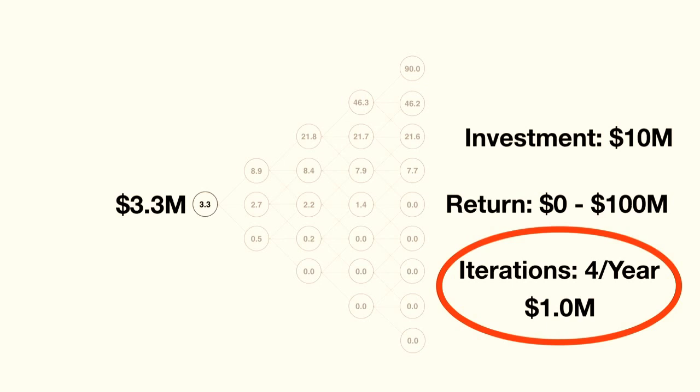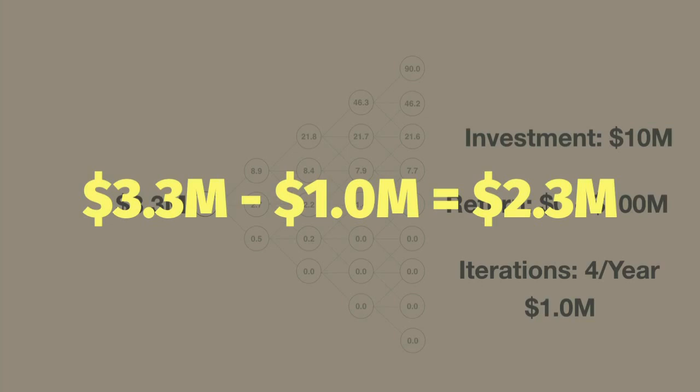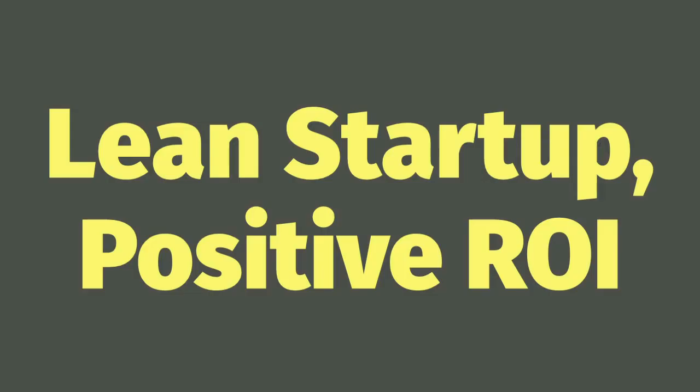This is your lean startup premium. And so if the value is 3.3, and you're going to spend $1 million to find out the answer as your premium, your return on investment today is $2.3 million. Lean startup, positive ROI. Yes.